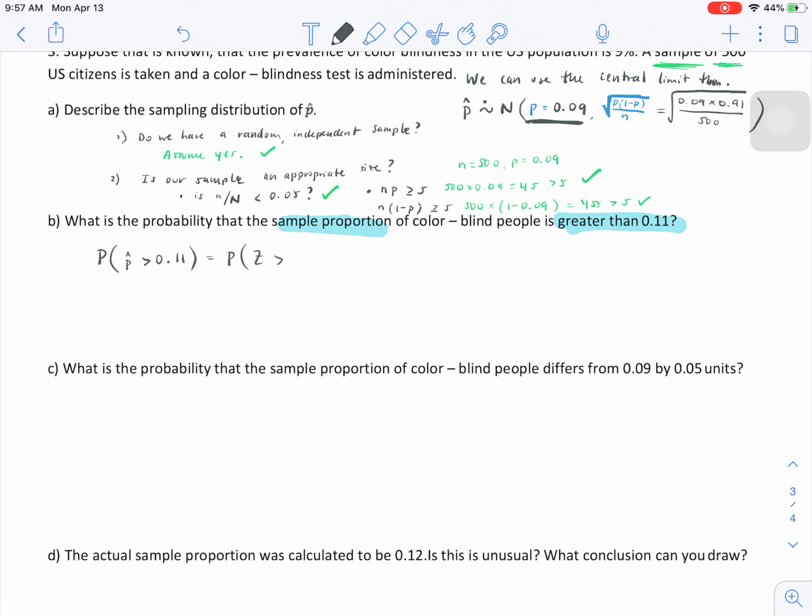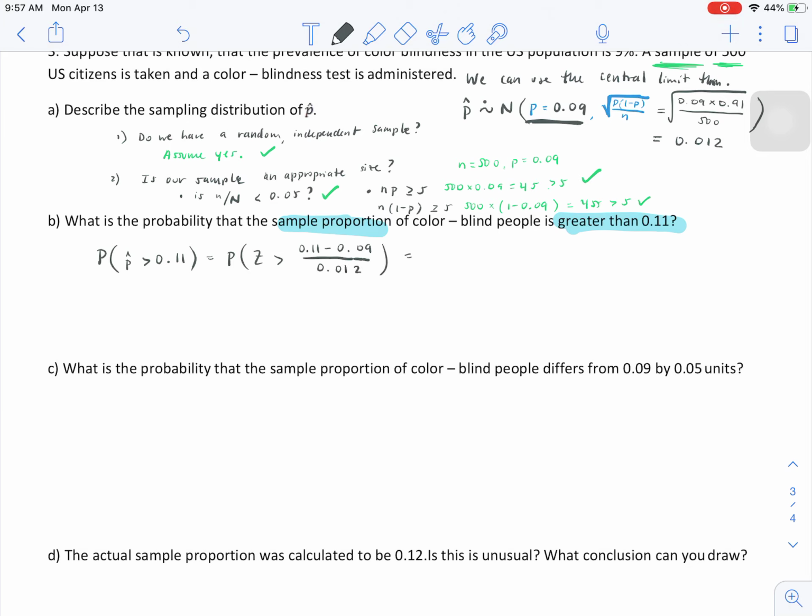I just do my conversion formula. I take 0.11 minus the mean, which we said was 0.09, divided by the standard deviation of our sampling distribution. If I plug this formula into my calculator, you should get that this equals 0.012. So I'm going to divide by 0.012.